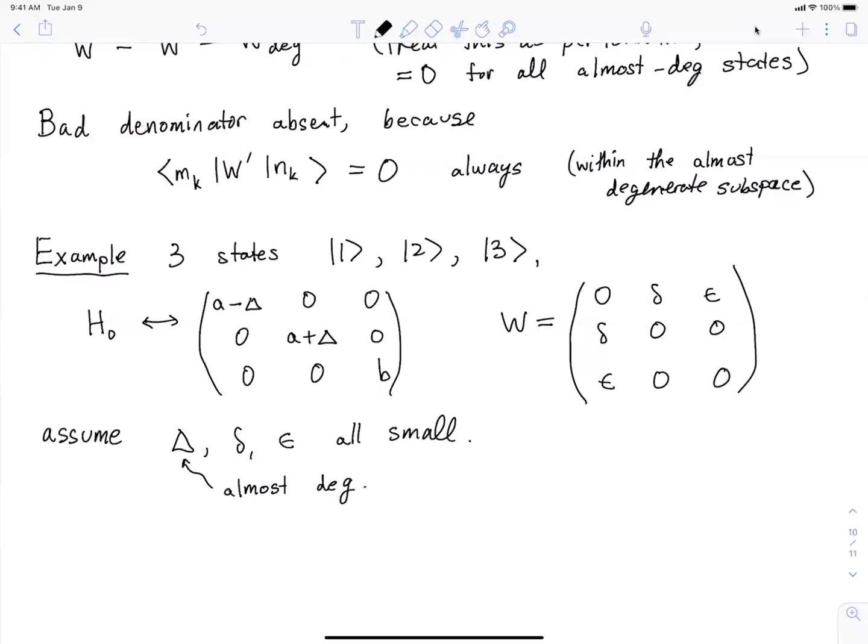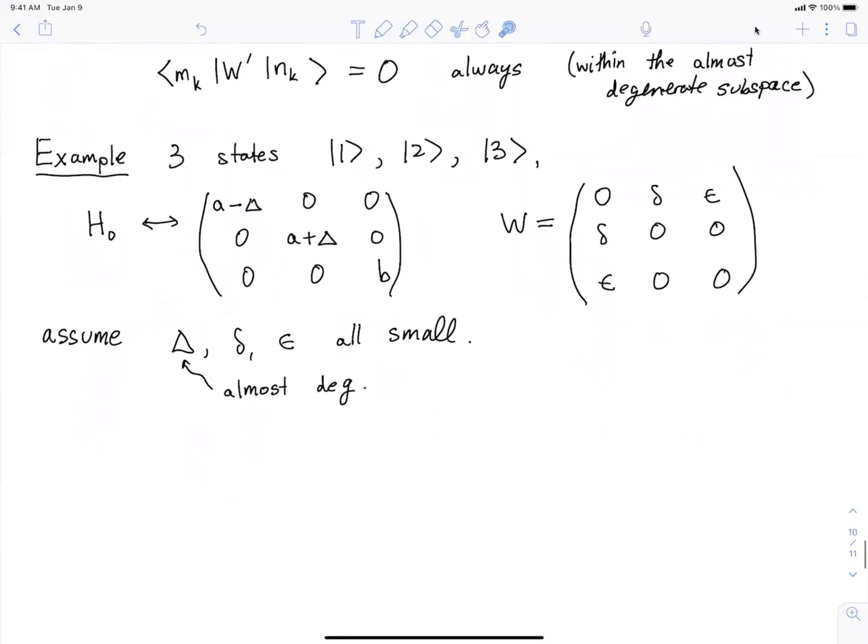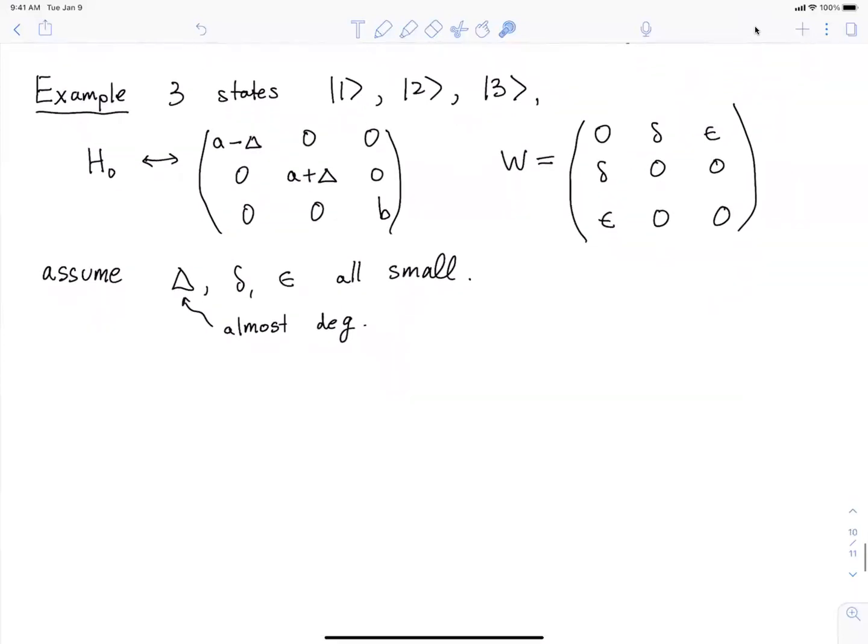If little delta and little epsilon are small, that's no problem, because that's part of the perturbation Hamiltonian here, and you want that to be small. But this is the problem, that these are small. Okay? So to see what goes wrong, let's first try to do this using ordinary perturbation theory, and we'll see what happens.